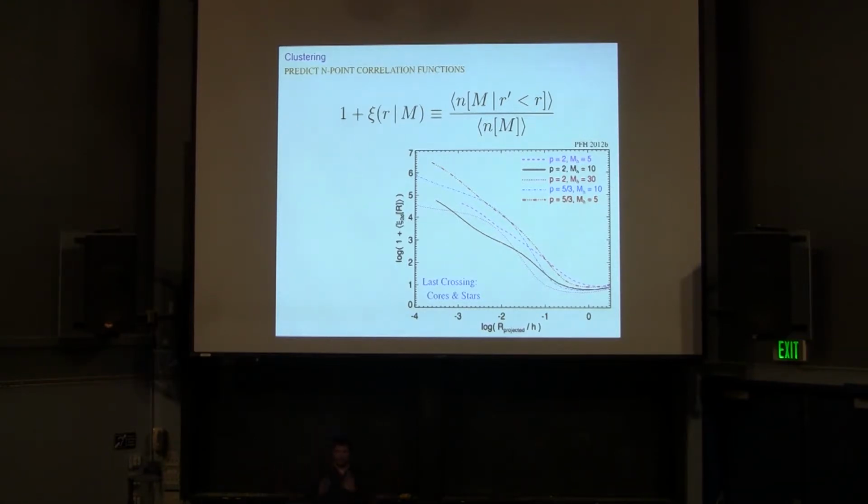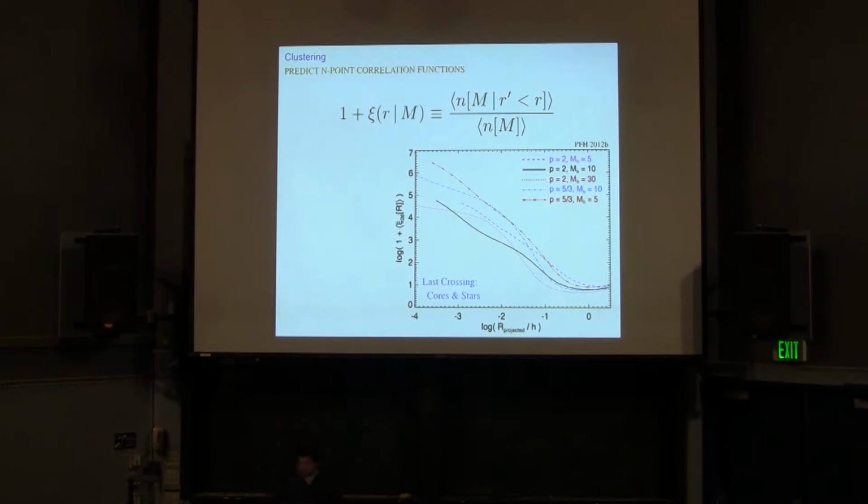Whether or not all stars form in clusters, it's very unambiguously clear that at least when stars form, they are statistically correlated. They're clustered in this statistical sense. They're more likely to be near other stars. And so you can make a calculation for that. You basically say, if I'm inside the same parent region, what are the probabilities that two subregions within the same parent region, or within the same sphere of a given size, will either both have stars or both have cores or both not have cores?